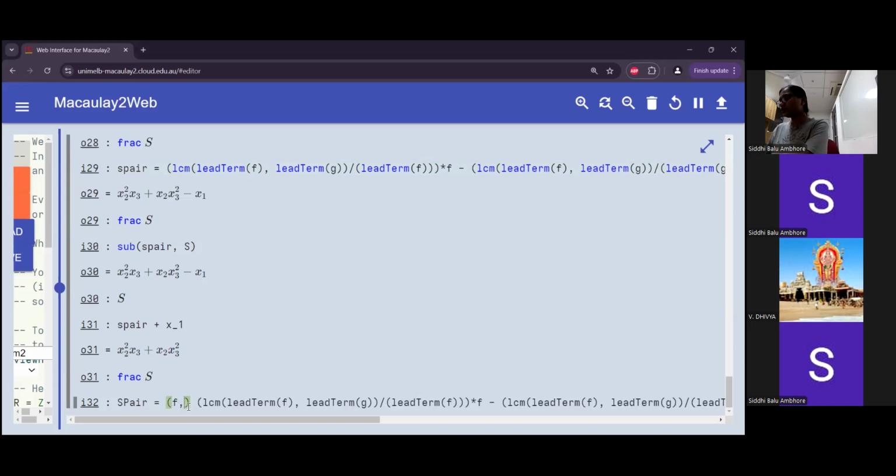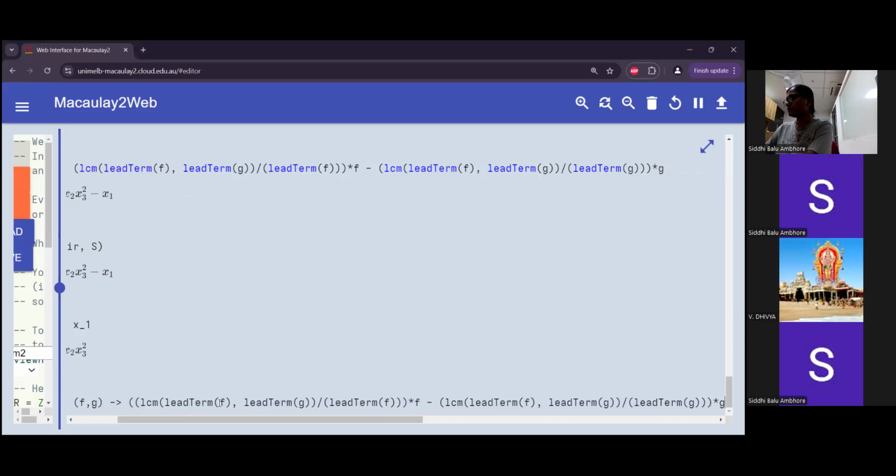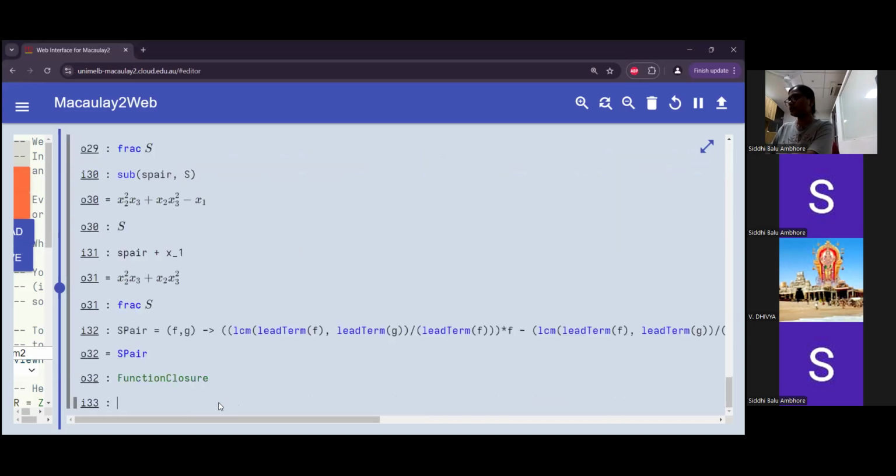This is a function which takes input as a pair and gives this as output. Okay, and let us see. So now this is a function. Instead of explicitly defining f comma g, I can just do S pair f comma g.